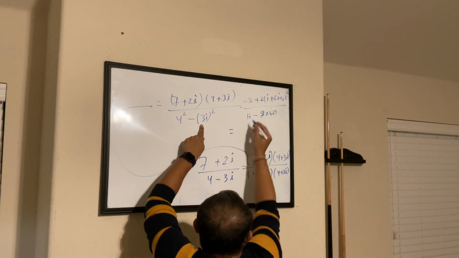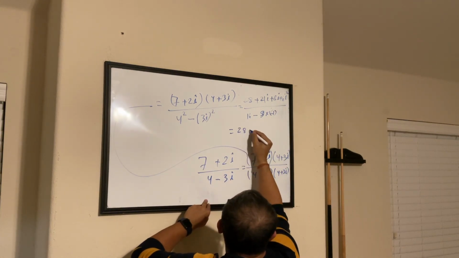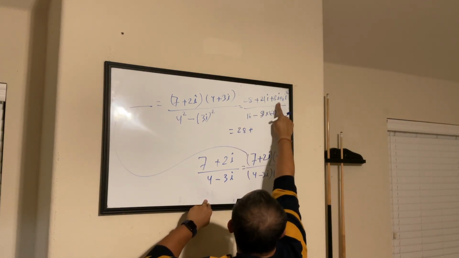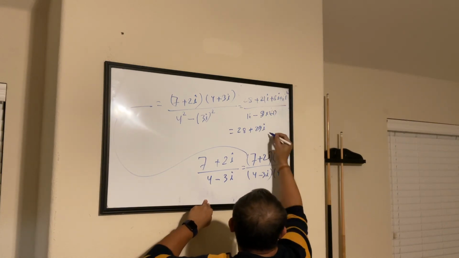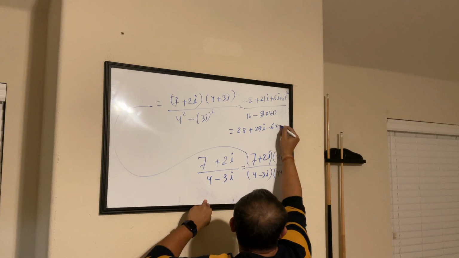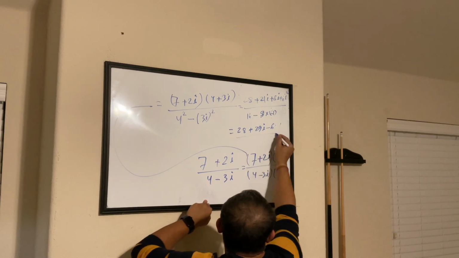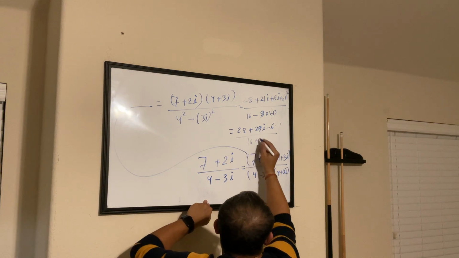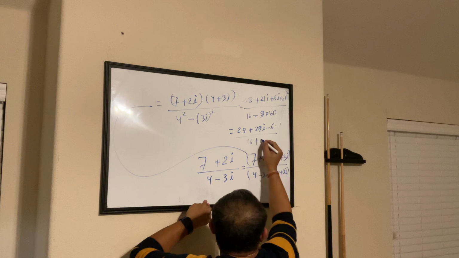So this became 28 plus 21 plus 8, 29i, plus 6 into i square which is 6 into minus 1, which is minus 6, divided by 16 plus, 9 into minus 1, minus into minus is plus, 9.